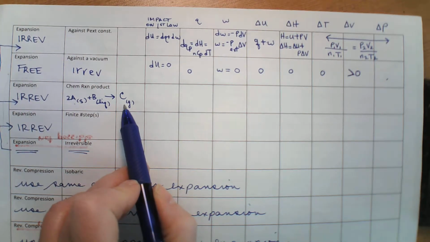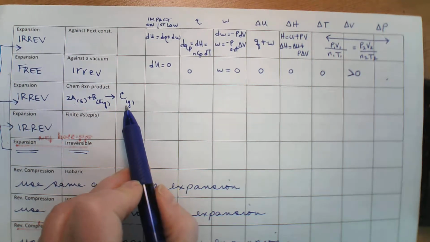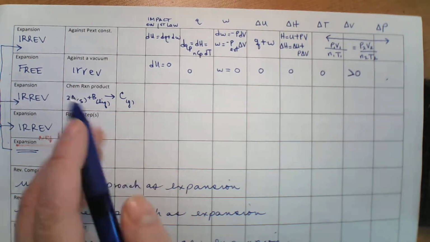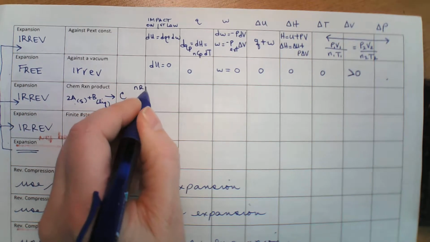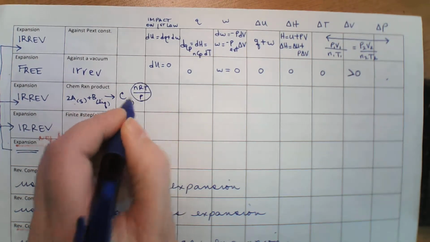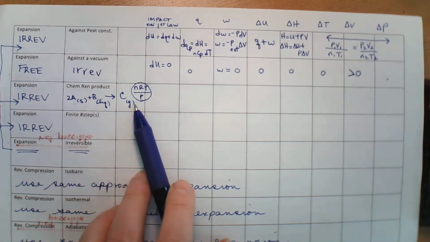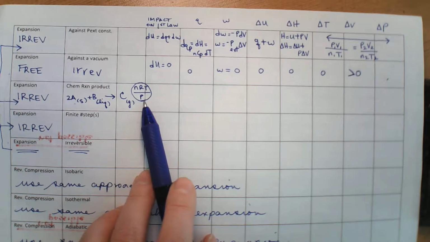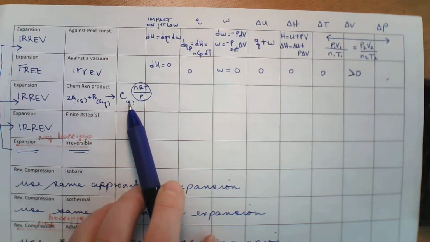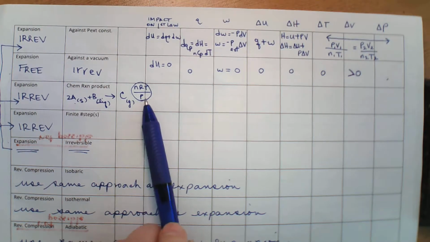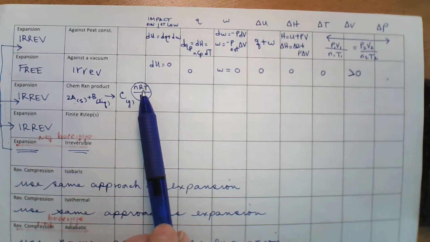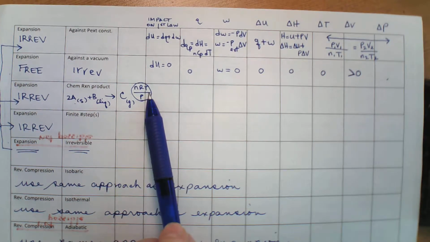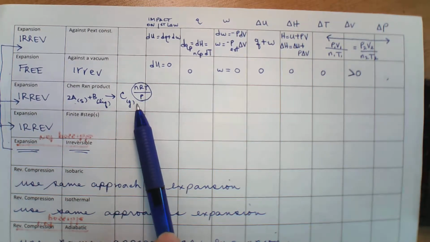So that gas volume initial is 0, and the volume final is the volume associated with PV equals nRT, which would be nRT over P. And so if this is being done on the bench at a constant pressure of 1 atmosphere, that's what that pressure is. So when the gas is evolved from a chemical reaction, it takes the pressure of the room atmosphere. And the number of moles will be determined by a balanced chemical equation. R is your gas constant, and temperature is the temperature of the room, the bench, or of the reaction. And so this is very straightforward.